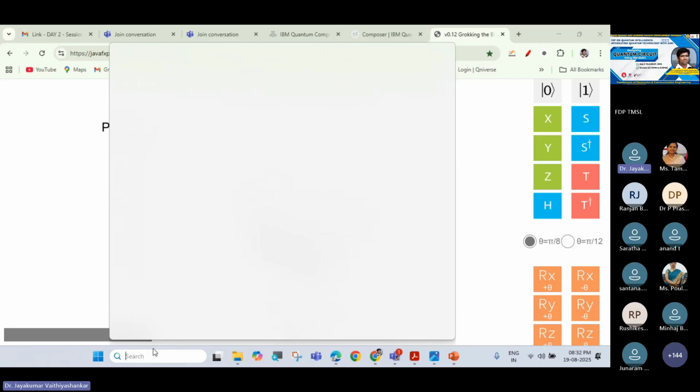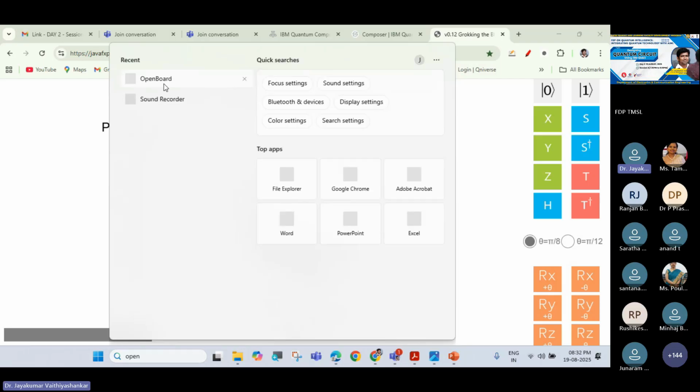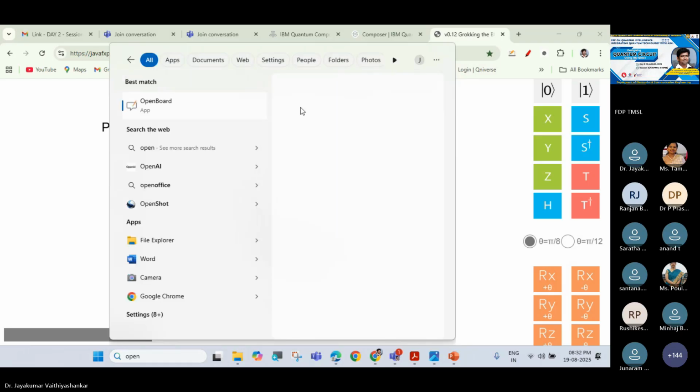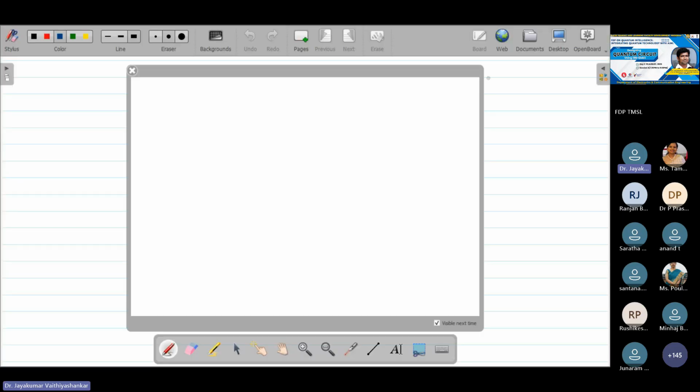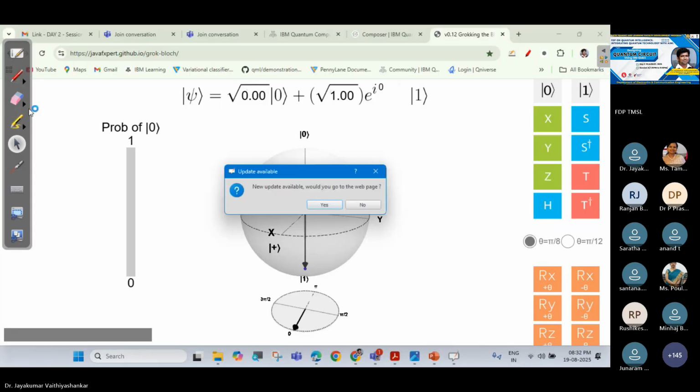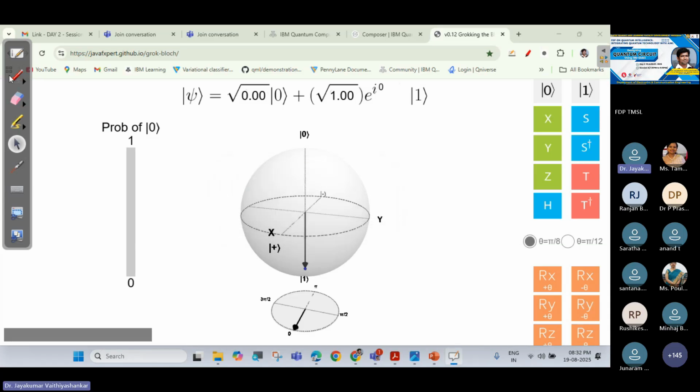Okay, once again, I will repeat, no issue. This is very basic and fundamental. I hope all of you are able to go to this link. Go to this link and practice yourself. These two states are pure states.